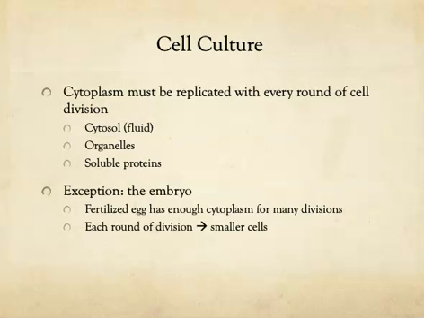Now, when we're looking at just that fertilized egg, that one-celled embryo, that zygote, what makes it really unique is that it contains enough cytoplasm, enough dissolved molecules, enough of everything, in fact, for many, many cell divisions to occur. So in the embryo, the fertilized egg, each round of division through the first several rounds creates smaller and smaller cells.